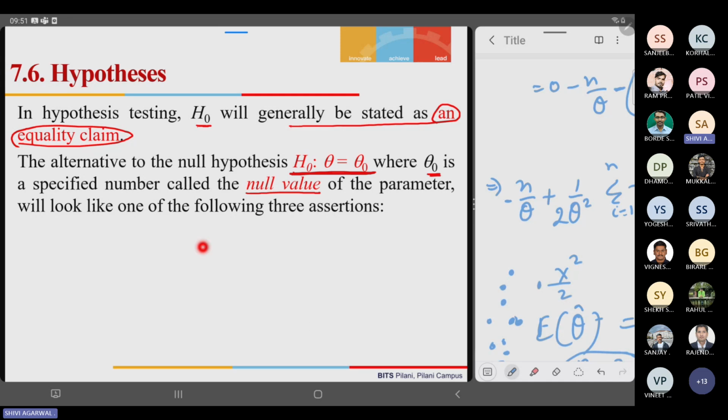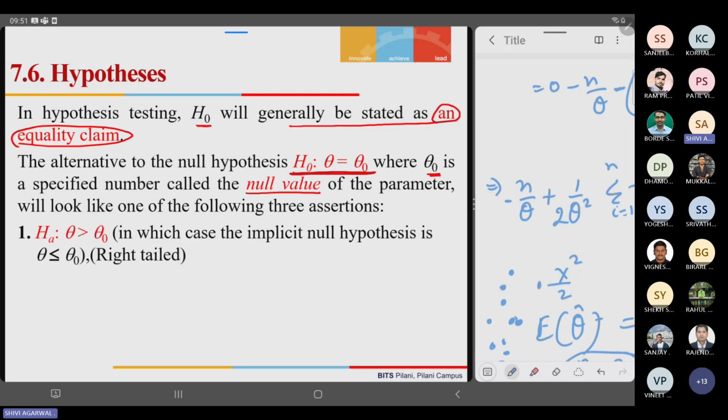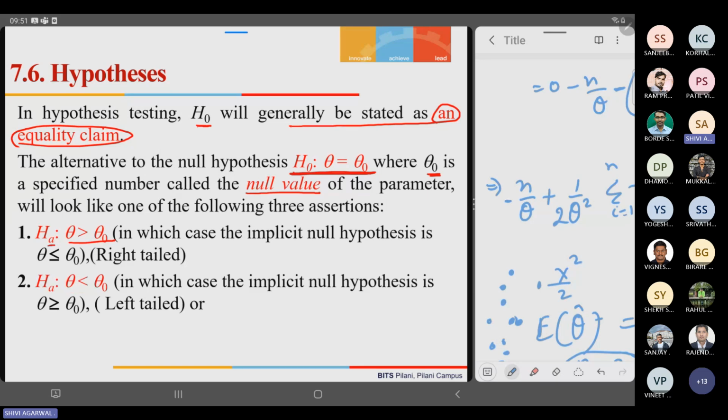And for HA we have three possibilities: theta is greater than theta naught, theta is less than theta naught, and theta is not equal to theta naught. Okay. So these are the three assertions of hypothesis testing, and the equality sign always comes into the null hypothesis.